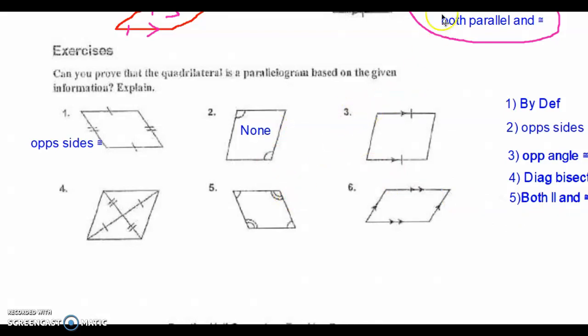Number 3, oh, that's the 5th property, one pair both parallel and congruent. Number 4, you should be good at that because the diagonals are bisecting each other, and that'll be property 4 right there.